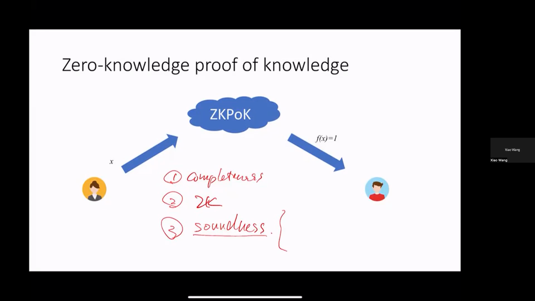Let me write it out: if a prover does not have X, then the verifier is not convinced. Most people who have not studied cryptography probably know this one.